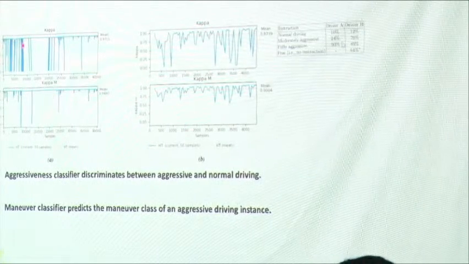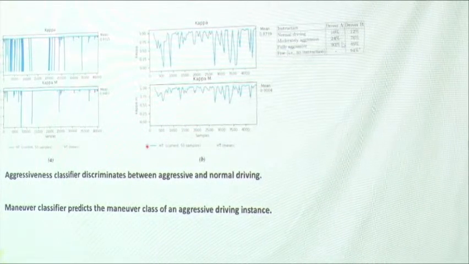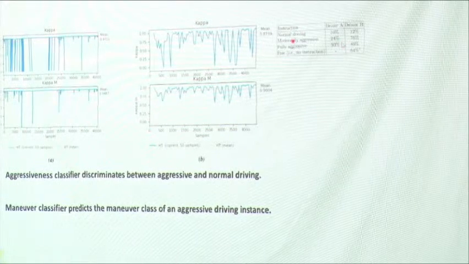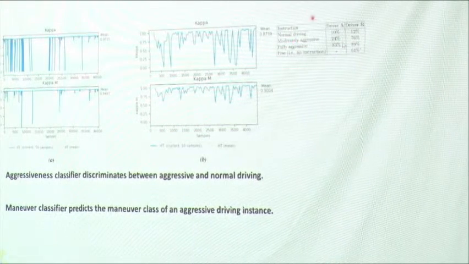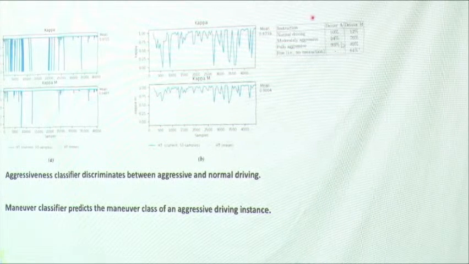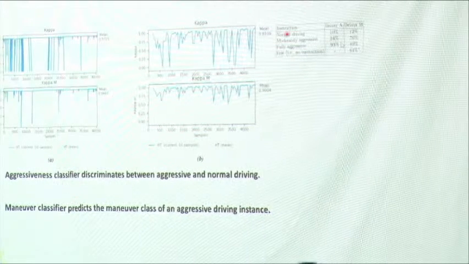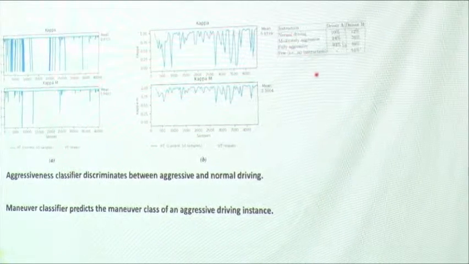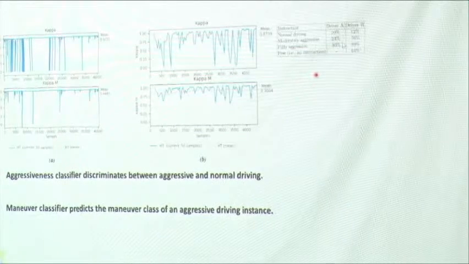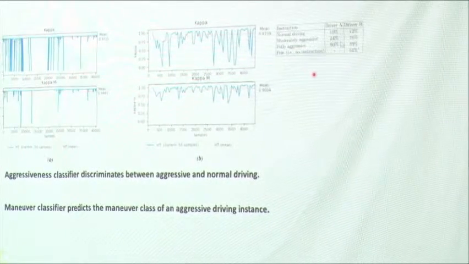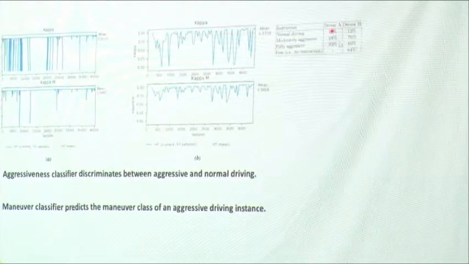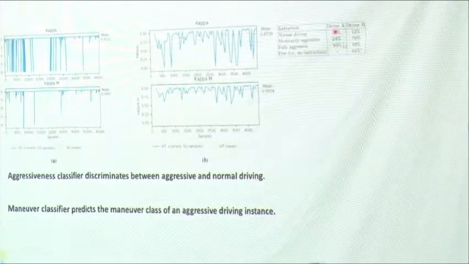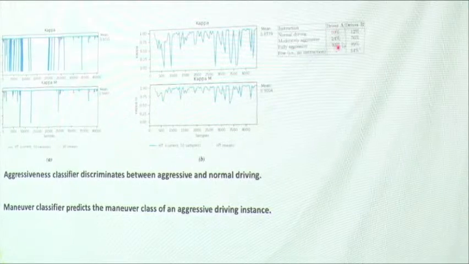Last but not least, here on the right, I have conducted an assessment with data that was not labeled regarding maneuvers and aggressiveness, but just the driver was given an instruction to drive normal, or to drive with moderate aggressiveness, or to drive fully aggressive. So this is how the models are performing, ordered according to what was expected.